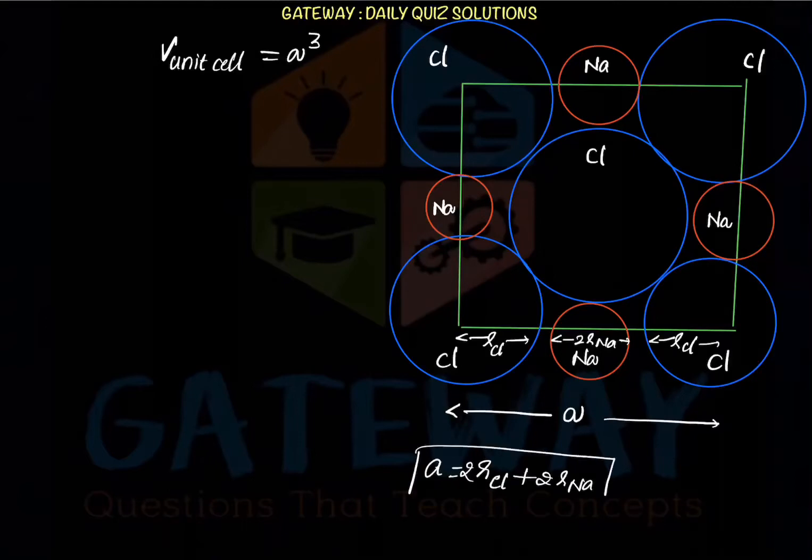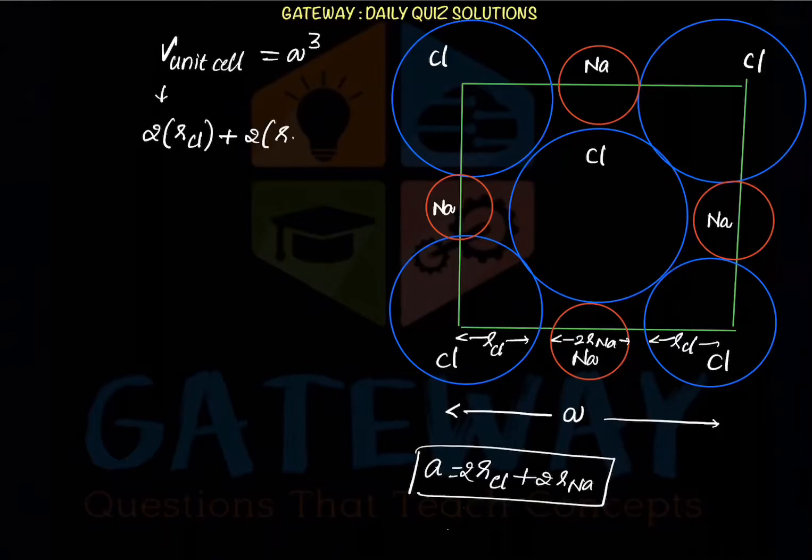From here we can directly write the unit cell volume: 2 times the radius of chlorine plus 2 times the radius of sodium, whole to the power cube. Let it be Vc.